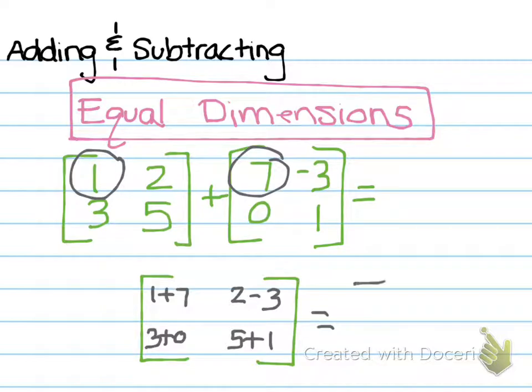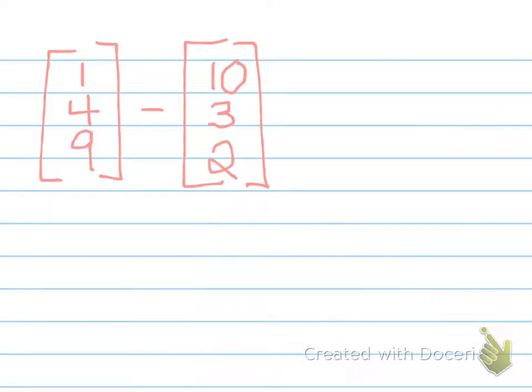So this means your final matrix, the sum, would be 8, negative 1, 3, and 6. You follow the same process and rules with subtraction. These are both a 3 by 1 matrix, so we can subtract them. So we would do 1 minus 10 to get negative 9, 4 minus 3 to get 1, and 9 minus 2 to get 7.